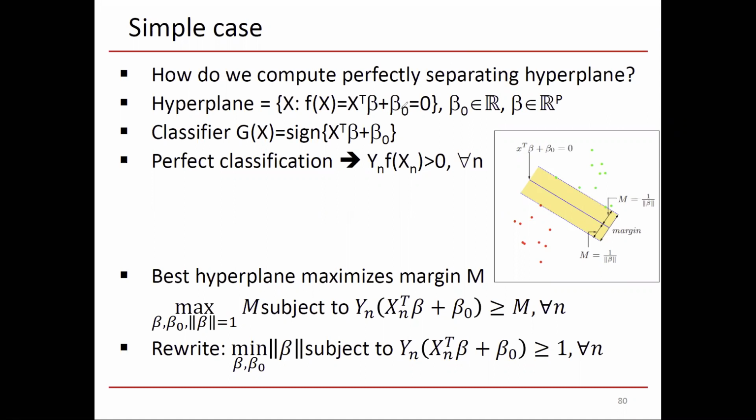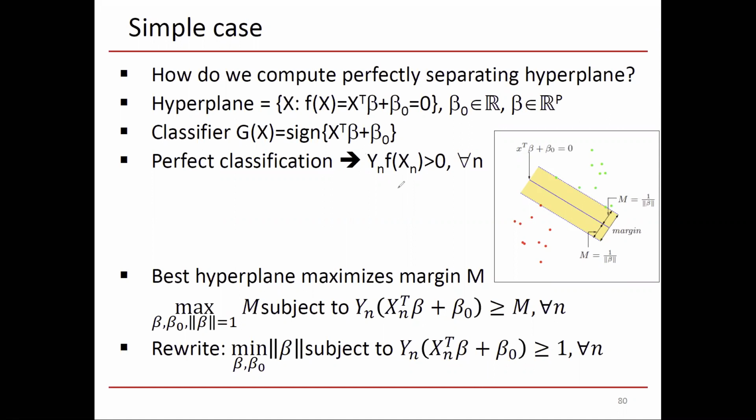So if beta 0 is 0, we could call this a linear approach. And as we said, this is an affine function. An affine function contains an offset which is non-zero. And our classifier is going to be g of x, the sign of x transpose beta plus beta 0. If it's positive or if it's negative, we'll choose the green or the red, or perhaps vice versa, flipping the order.